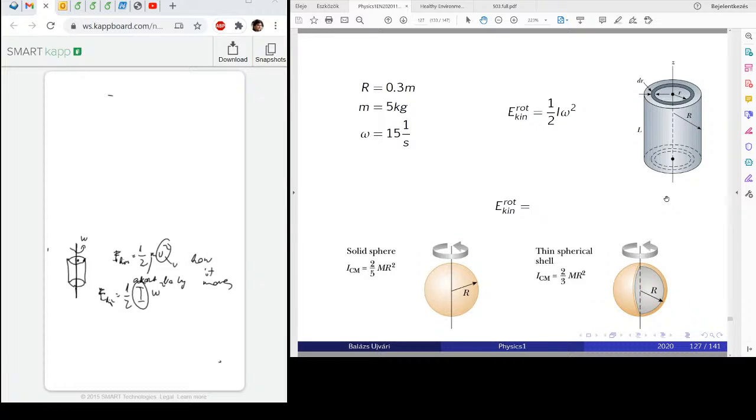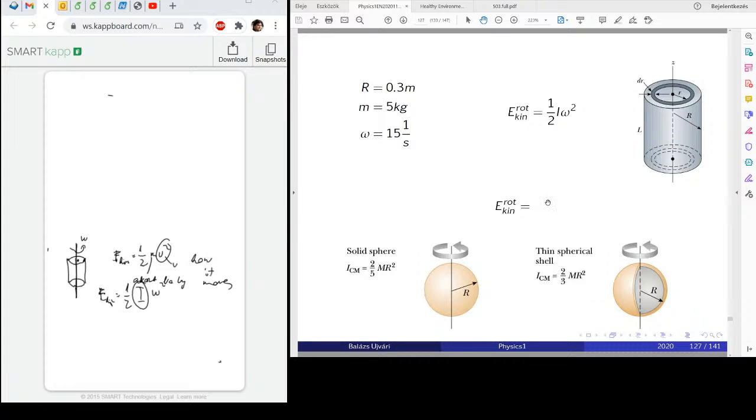So today, at least, you have to calculate the rotational kinetic energy of a body. It can be a cylinder, solid sphere, or thin spherical shell with these parameters. I'm waiting for the result in the Discord. I've sent the link of this PDF so you can go back for formulas. But here you can also find them.